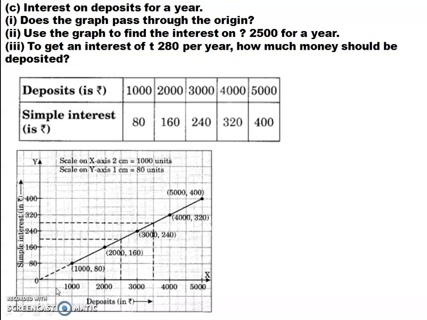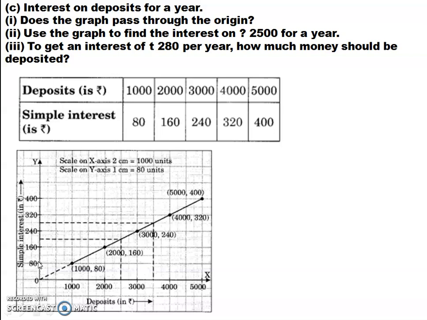Students, once again here we have taken 2 squares for 1 reading. You can use 1 also. Here for getting a straight line you are taking 2 units. 2 centimeters is 1000 rupees. Here 1 centimeter is 80 rupees.